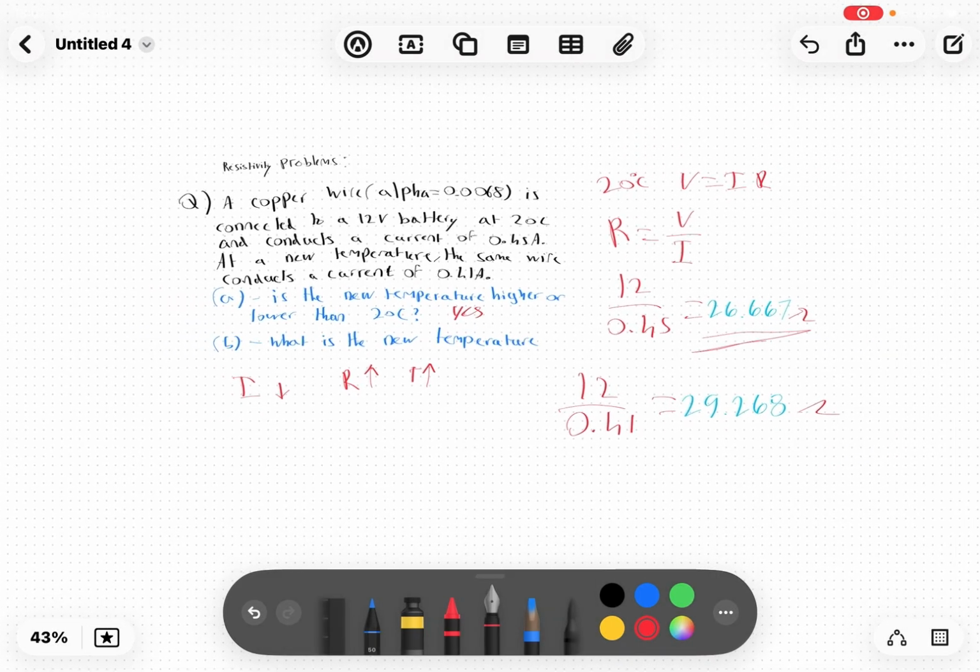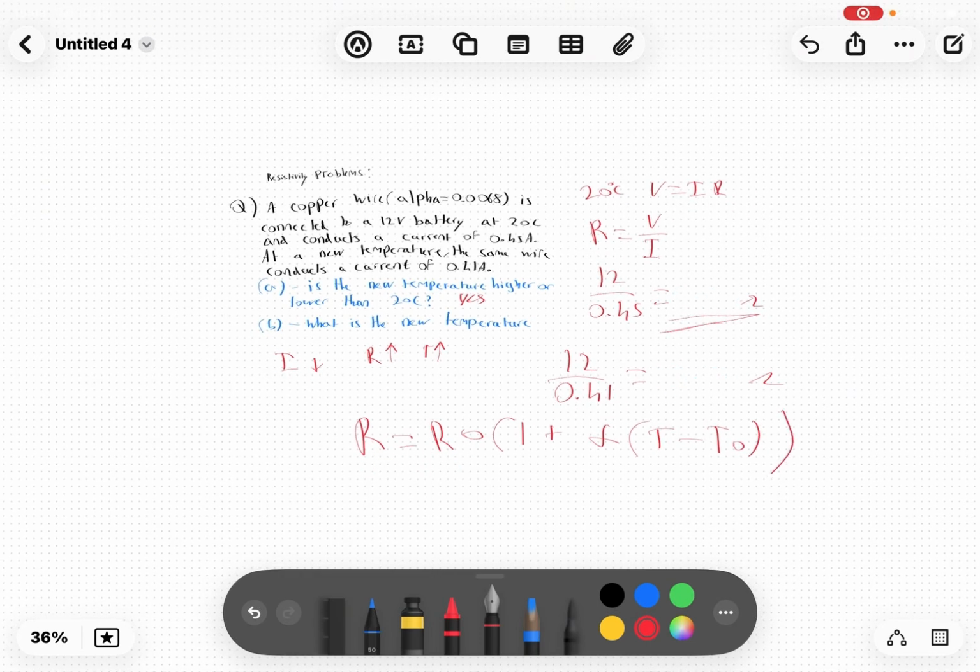So what we can use to find the new temperature is R equals old R, I'll just write it down first, times 1 plus the alpha, times the new temperature minus the old temperature.